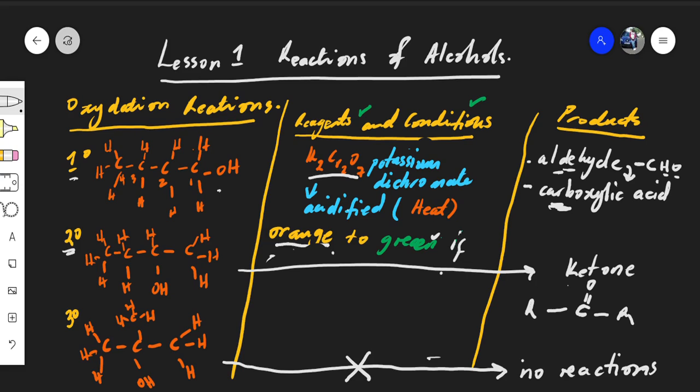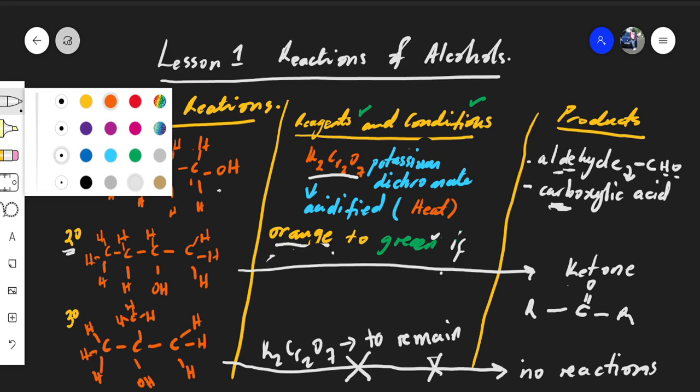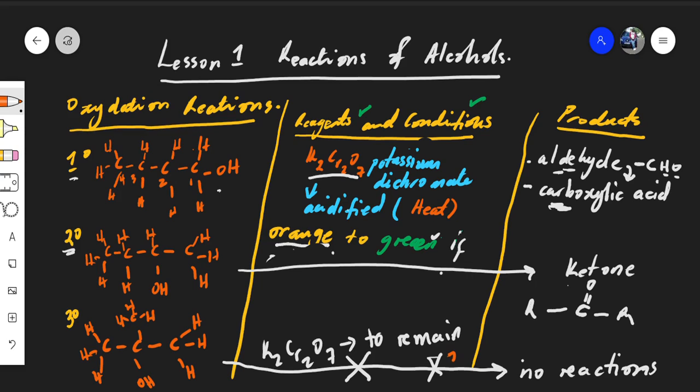So here we are going to get a test. In other words, with your primary alcohol and here with tertiary alcohol, what is going to happen is that the potassium dichromate is going to stay orange.